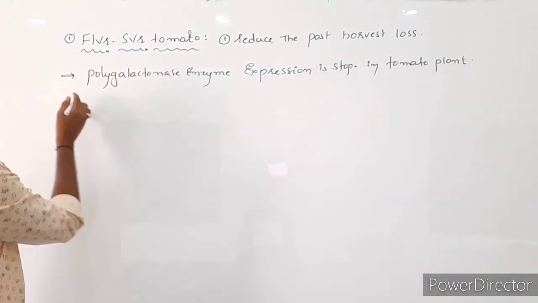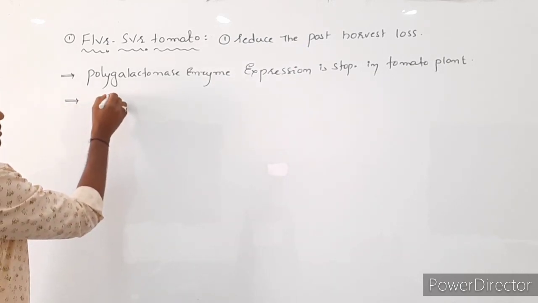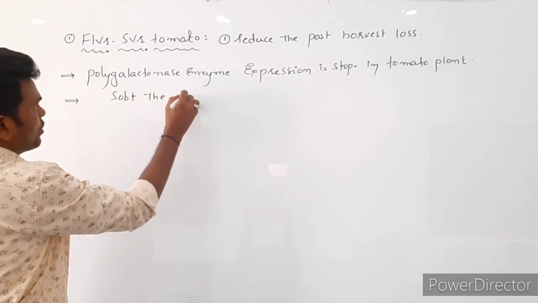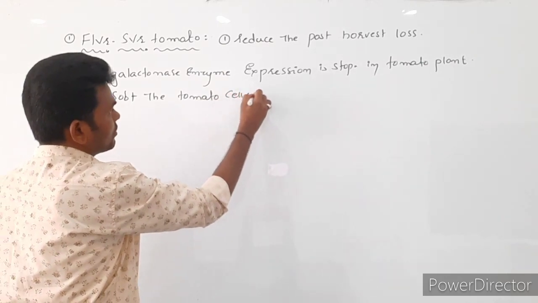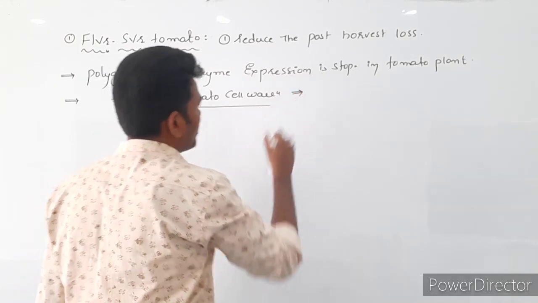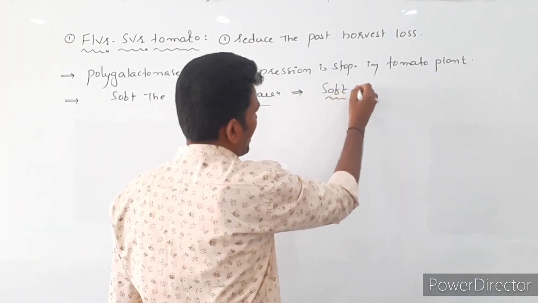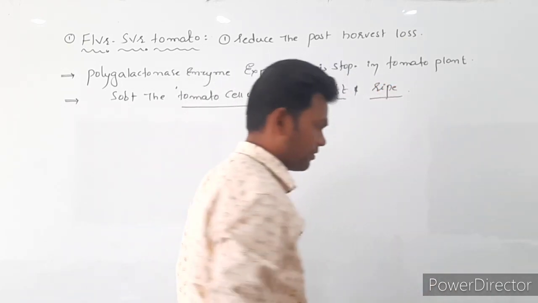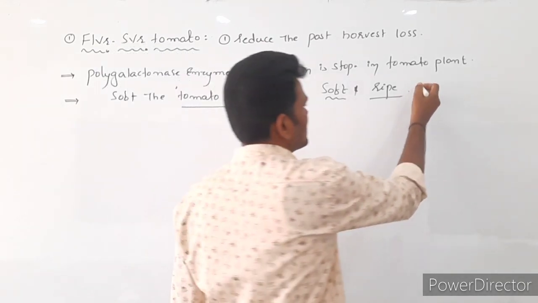Here this enzyme has the capacity to soften the tomato cell wall. Due to that, what happened? The fruit becomes soft, as well as it ripens early.